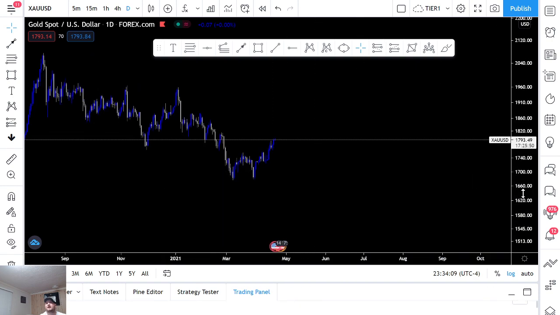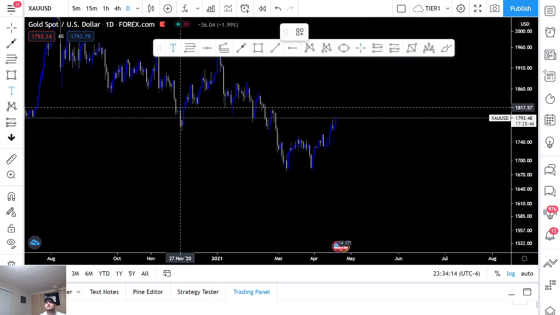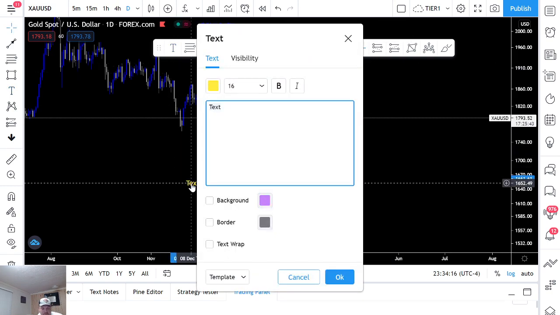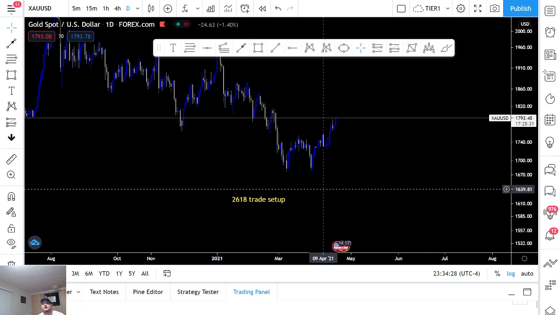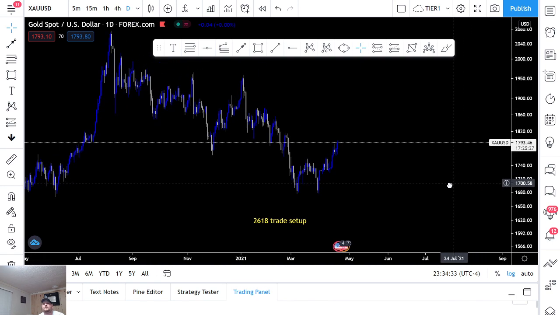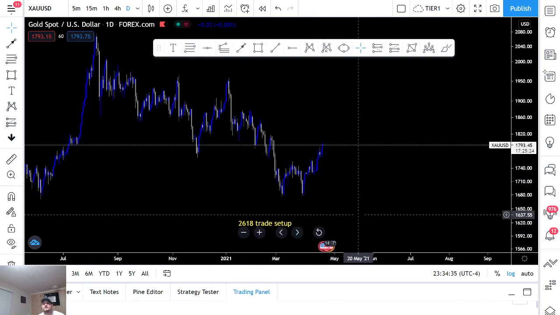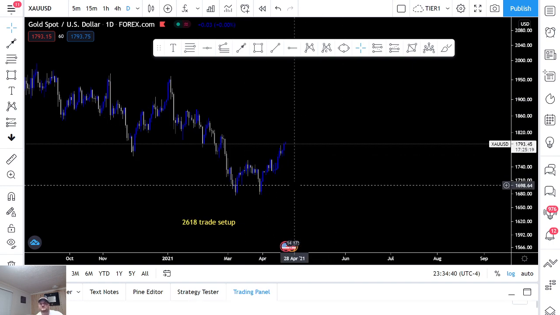With all that being said, I was talking about buying a little bit of gold. And I was seeing this right here, this 2618 trade setup. The 2618 is what most of the time we see at like an end of trend.